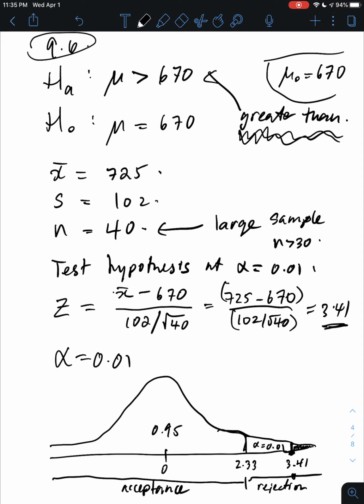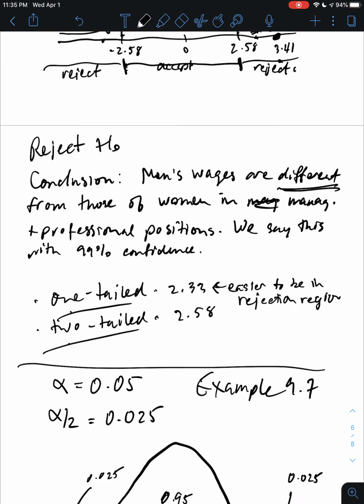So that means that the area under this curve is 99.97%. That means that the area under the tail is 0.03%. And that is the p-value.